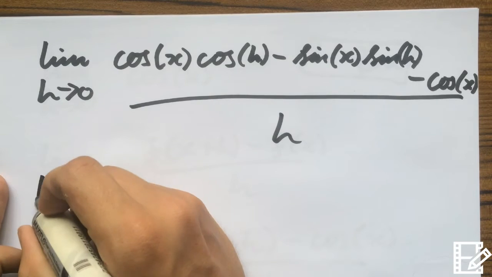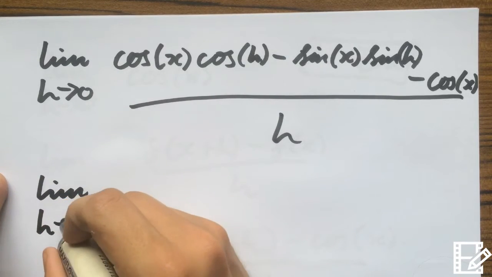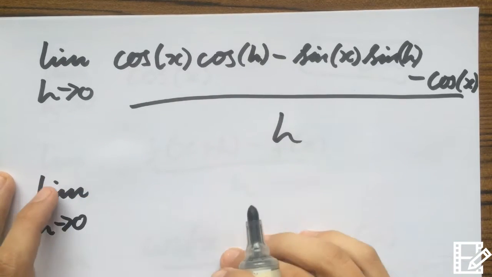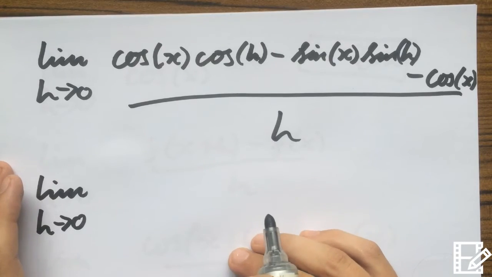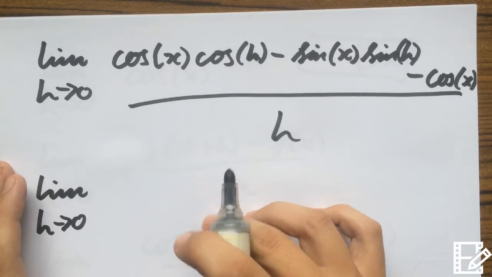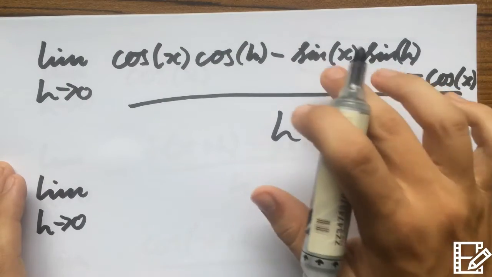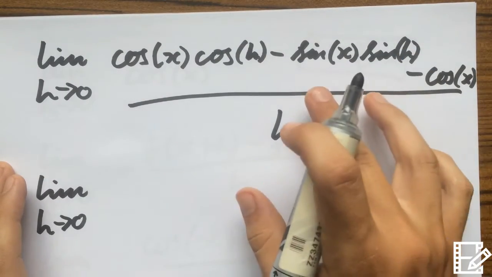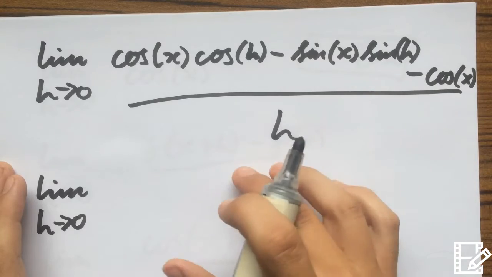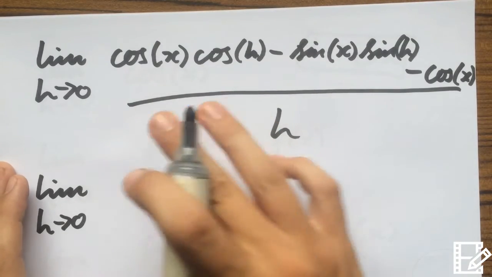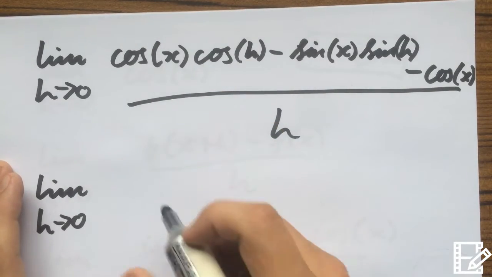So, the limit as h approaches 0. How would we do the next step? Well, one way of thinking about it is we have cos x, cos h, a cos x, and we have a sin x and a sin h. So it might be easier to split the fraction and put the cosines on one side and the sines on the other, which is what we're going to do.